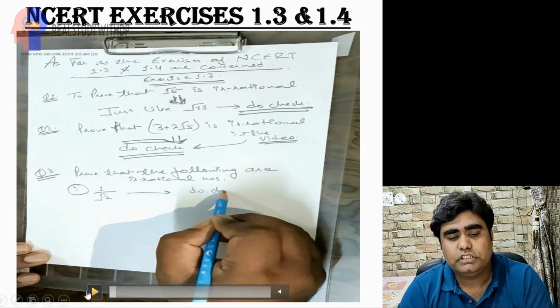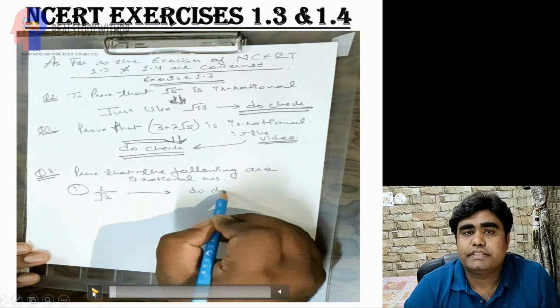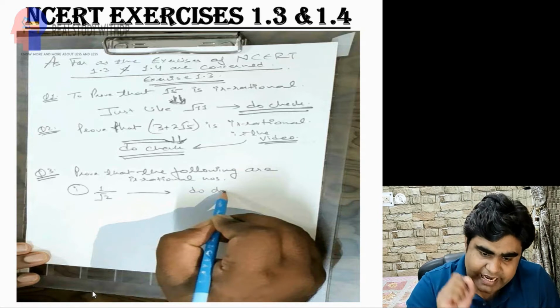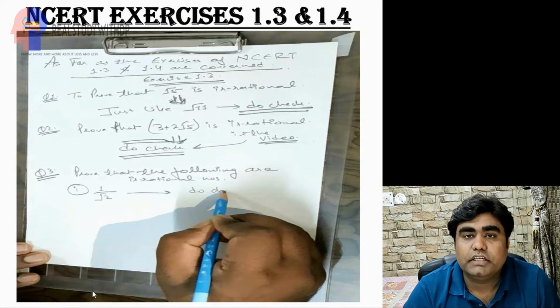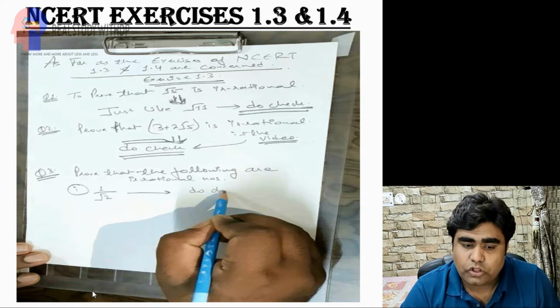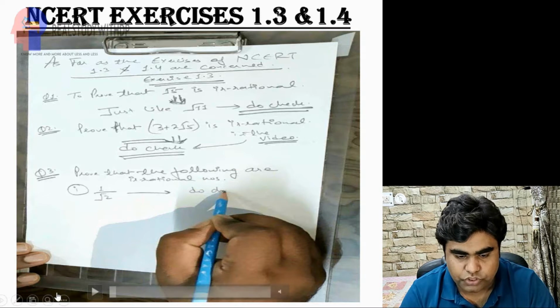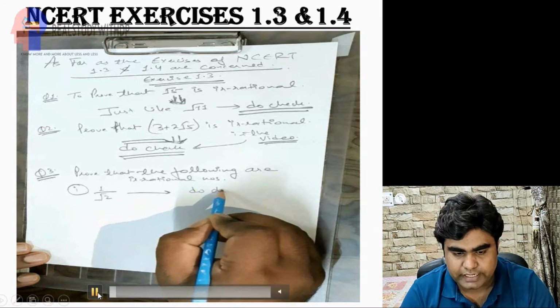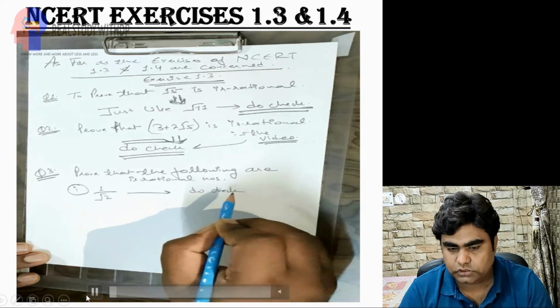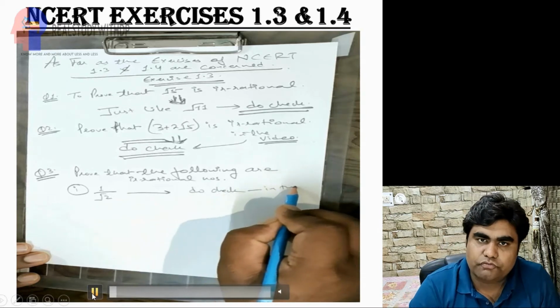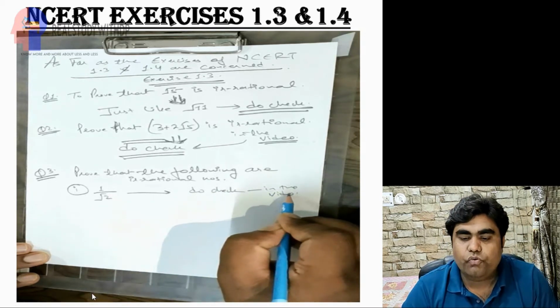As far as this part is concerned, we have discussed the same part in the previous video also. So you can check the previous video and you can get the complete solution for how to do this type of question. However, this is also going to be proved by method of contradiction itself.